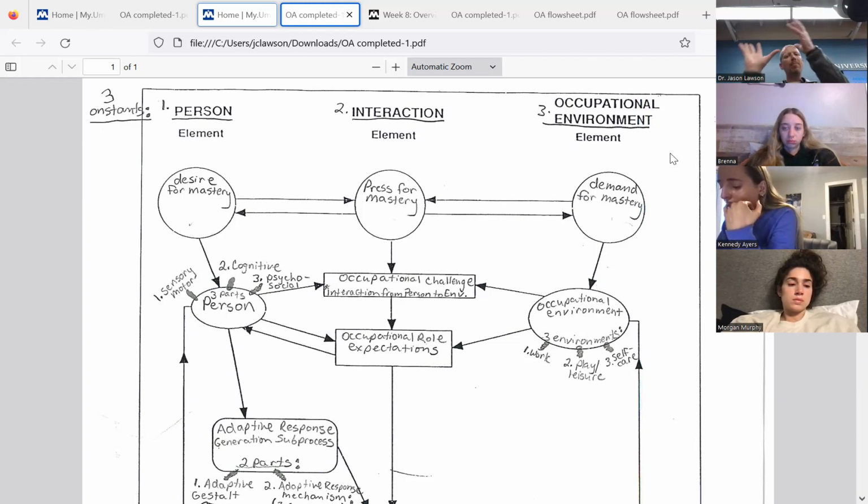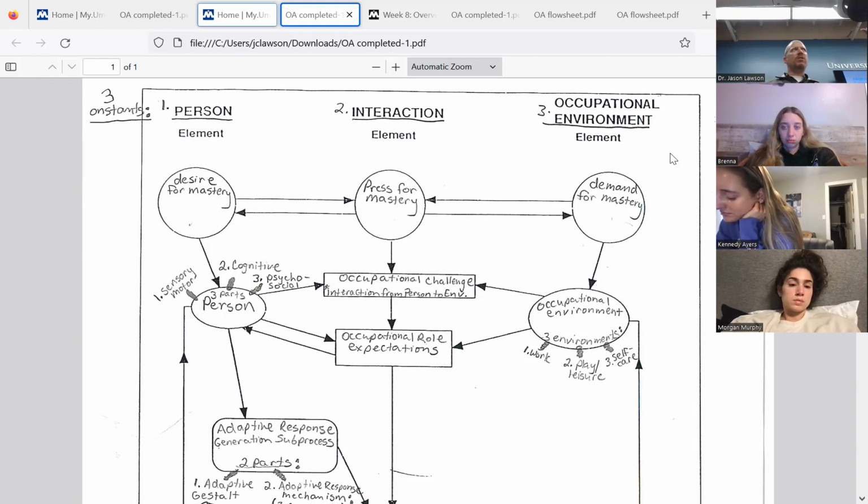If we go to the opposite side, underneath occupational environment, and then below that, there's the demand for mastery. And below that, we have the occupational environments. What are the three occupations? Yes, work, play, leisure, and self-care.